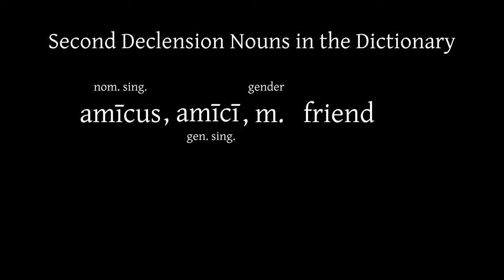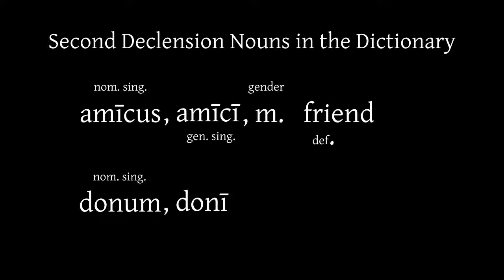And then the neuter second declension noun will be given ending in um, that will be the nominative singular, and then it shares a genitive singular with the masculine nouns of the second declension in i, so donum, doni, and it will list it as n for neuter, and the meaning is gift.